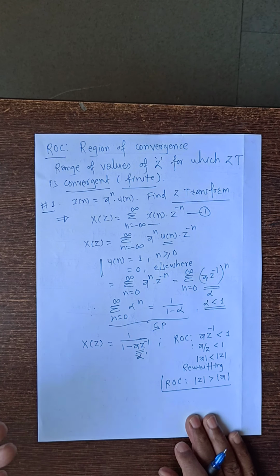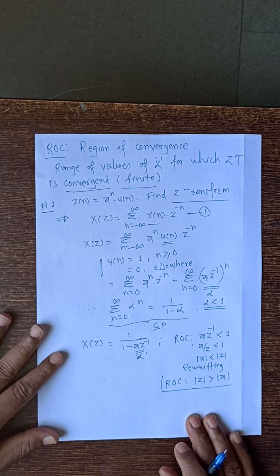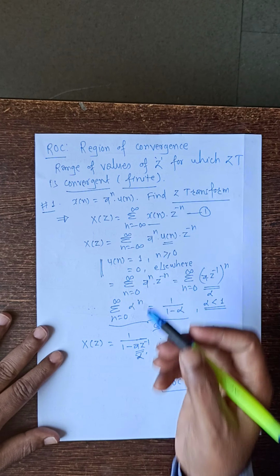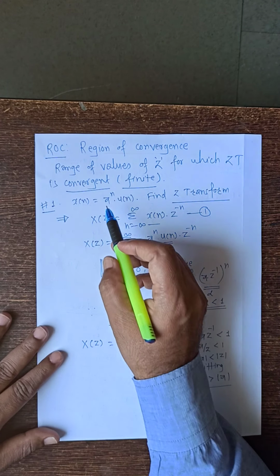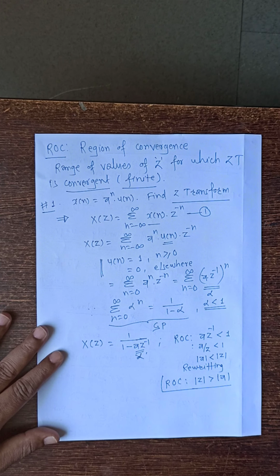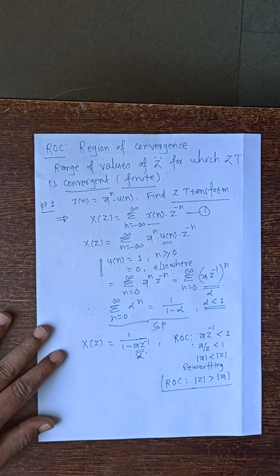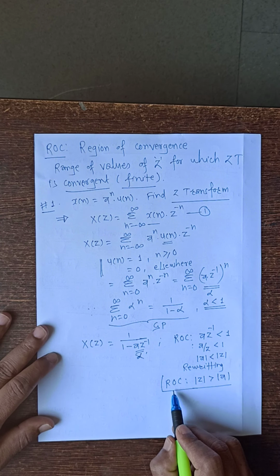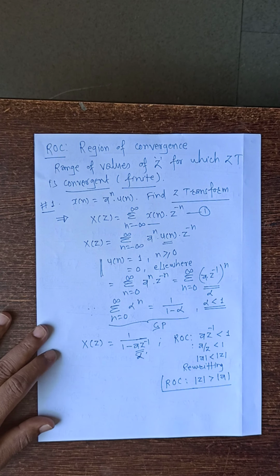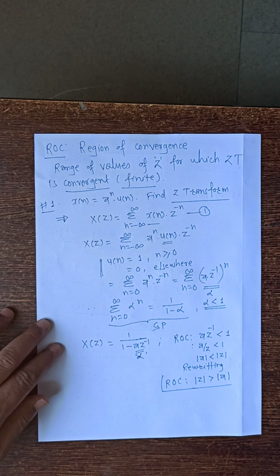Basically this is a right-handed infinite sequence, because the sum runs from 0 to infinity of a^n multiplied by u[n], which means a right-handed infinite sequence. So in this case the ROC is magnitude of z greater than magnitude of a.